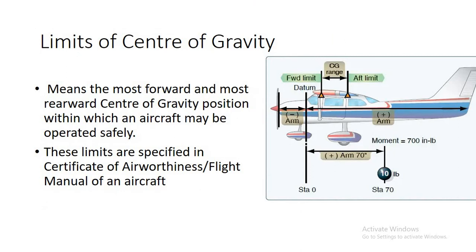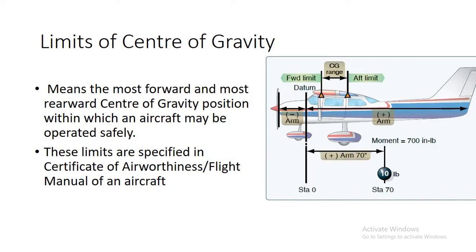Now let's see what the limits of center of gravity are. You know that center of gravity is the point at which you can assume all your weight is concentrated. So if you hang a scale at the center position, it will be stationary. At that point you can say all the weight is concentrated. Similarly, an aircraft can also be hung in air.